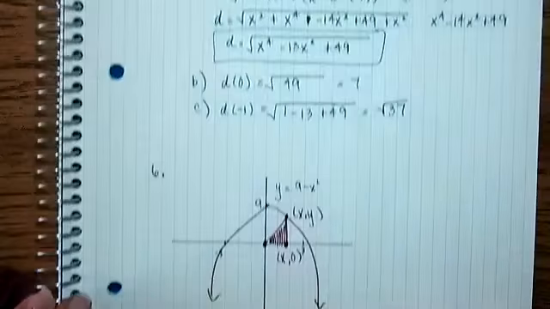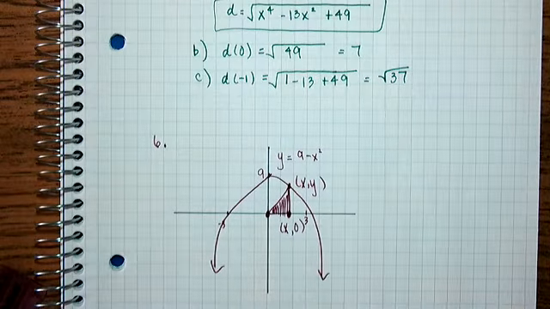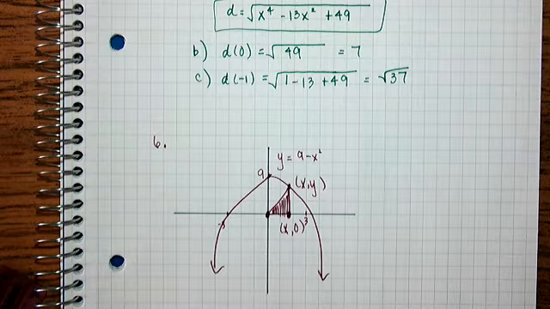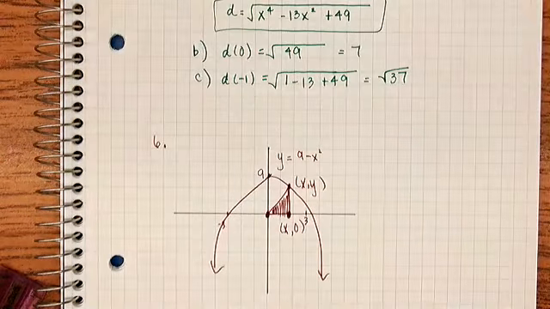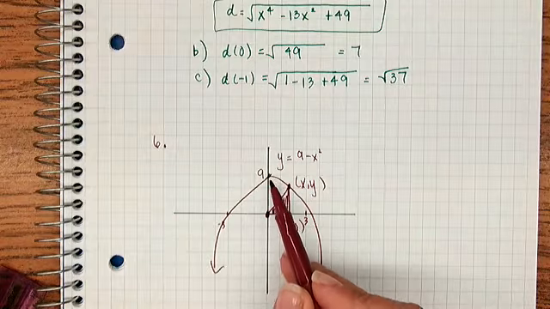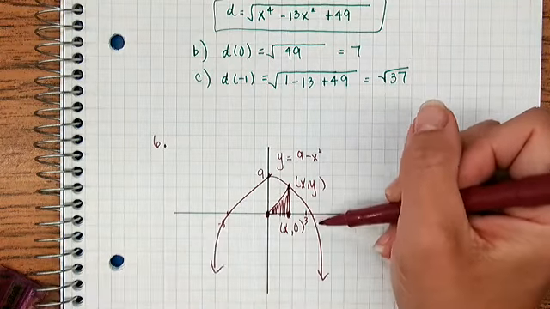Okay, number 6. So I will pause the video for you here. Go ahead and draw number 6. Okay. They tell you that you have the function 9 minus x squared, so the vertex is at 0, 9. The x-intercepts are negative 3, 0, and 3, 0.